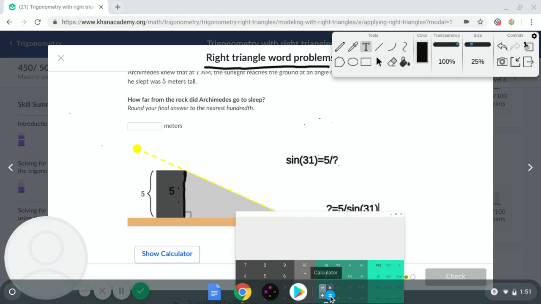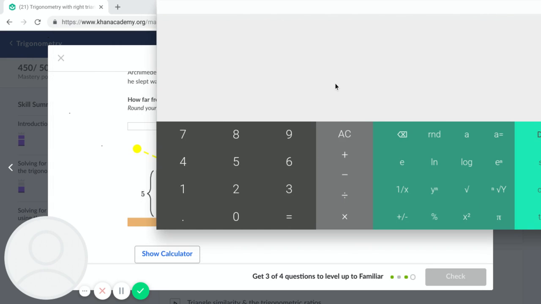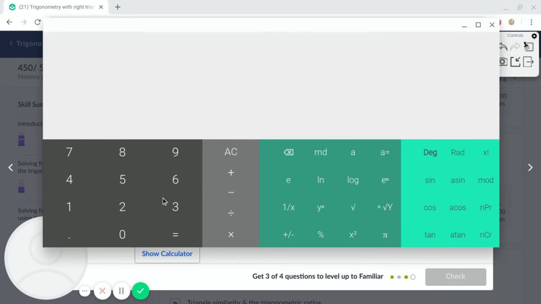So let's do that. So first, we need to find the sine. So 31, and the sine of that is whatever that is, and we are going to copy that, because I'm not going to type out this whole number. That's ridiculous. No one wants to do that. Do they?